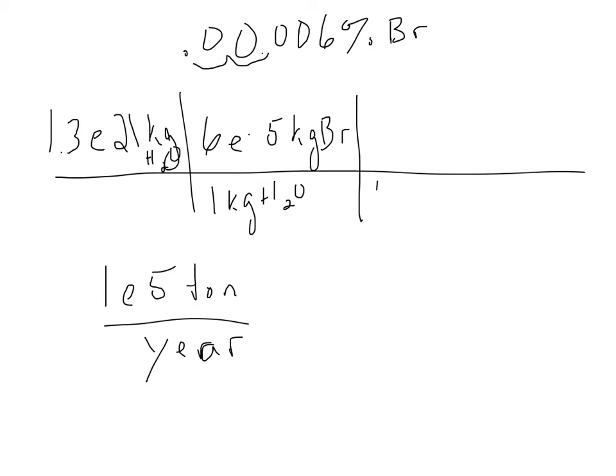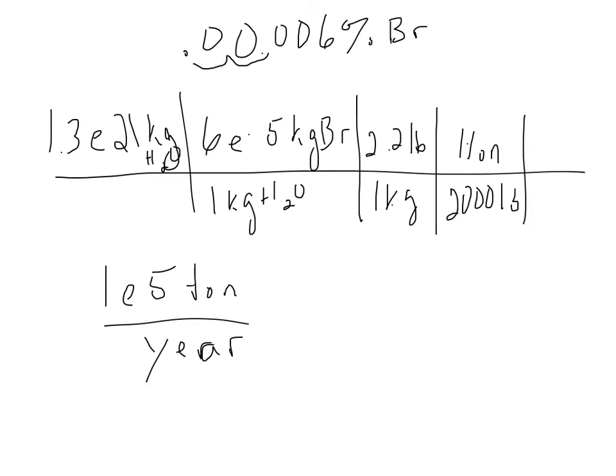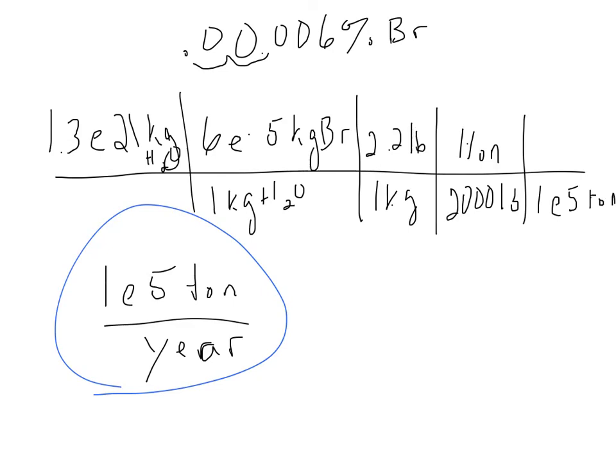So we can say in 1 kilogram there is 2.2 pounds. And then the conversion factor to tons is there are 2,000 pounds per 1 ton. And now we can use the factor that's given here, and we can say that for 1e to the fifth tons, it would take 1 year. And that would give us a time format, which we're trying to answer in.